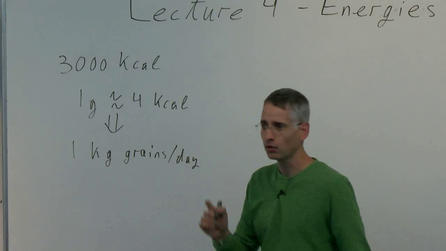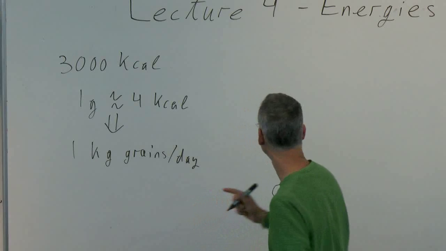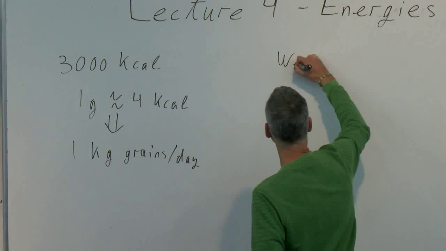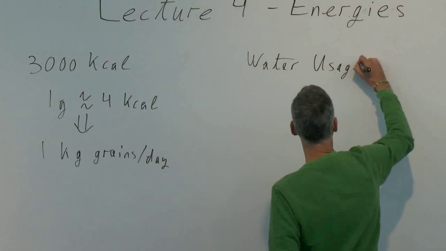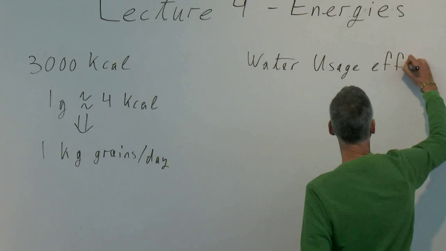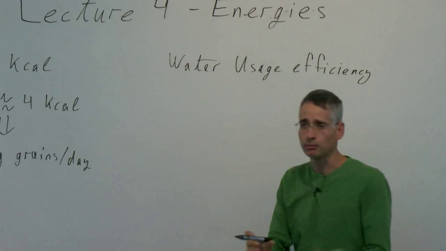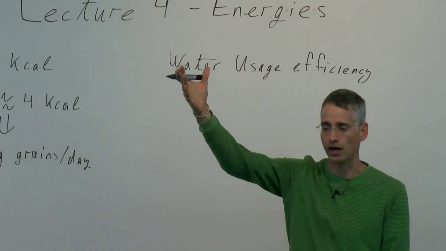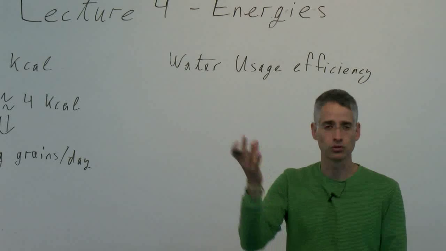Right? If I want to go from that into water, there's a rule of thumb that might be interesting for you, and that is known as the water usage efficiency. When the plant has the power coming from the sun, it needs to take carbon dioxide.